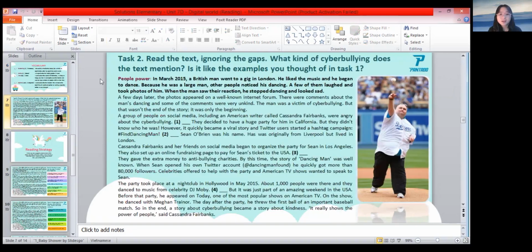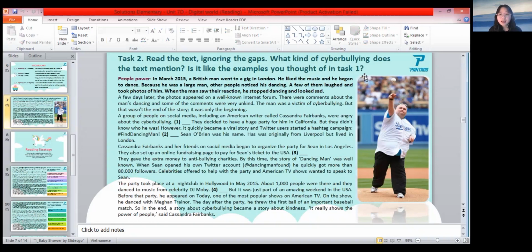Okay, now we're gonna practice. We're gonna move on to the main point of today's lesson, which is reading. And the first task of today's lesson is reading the text here and answer the questions. So we have a text related to, let's see, okay, so that is about sports.